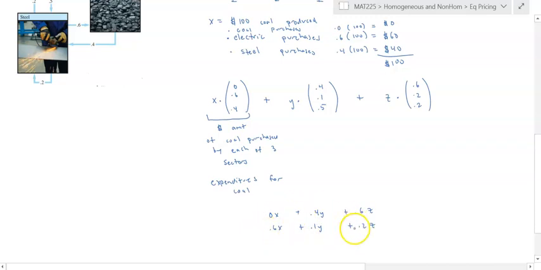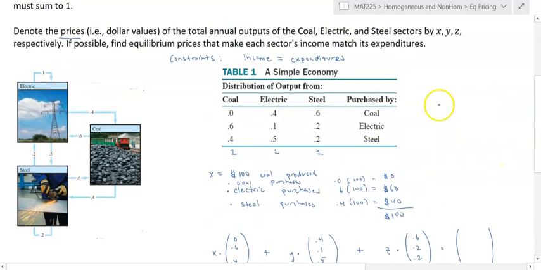Again, that middle row is the total expenditures by electric, and then the bottom row, 0.4 of x plus they'll buy 0.5 of y, plus they'll have expenditures of their own. And these expenditures, what do they need to equal? Well, they need to equal the total amount of income, right? So I guess we have our setup as expenditures equals income.